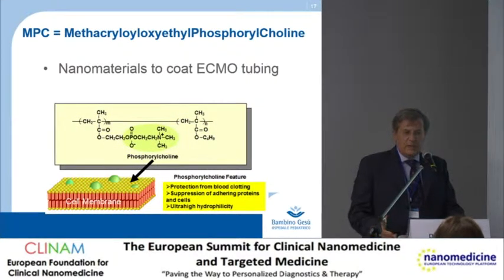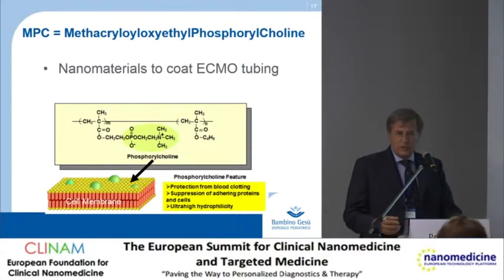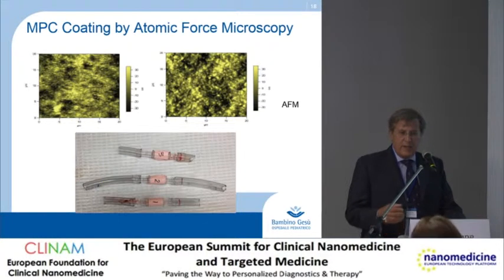It's apparent that coating the ECMO tubing with nanomaterials prevents the apposition of cells, reduces fibrosis, and blocks the coagulation mechanism. We have seen that coated tubes can run blood without clotting for a week without any anticoagulant or antiaggregant treatment.